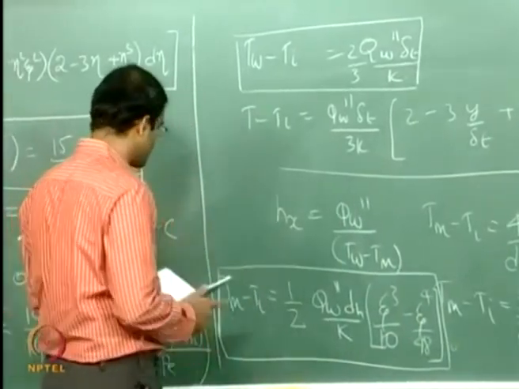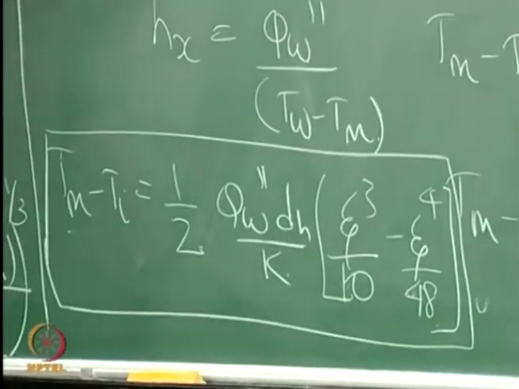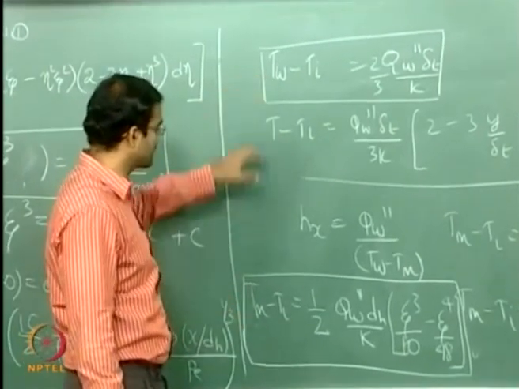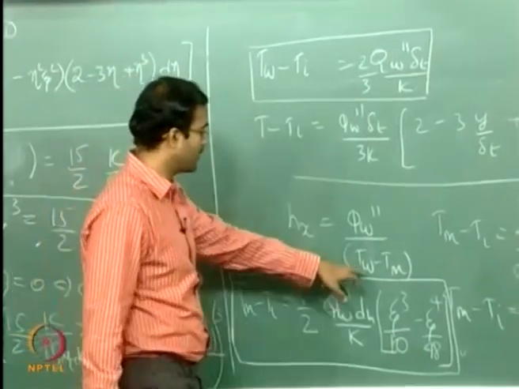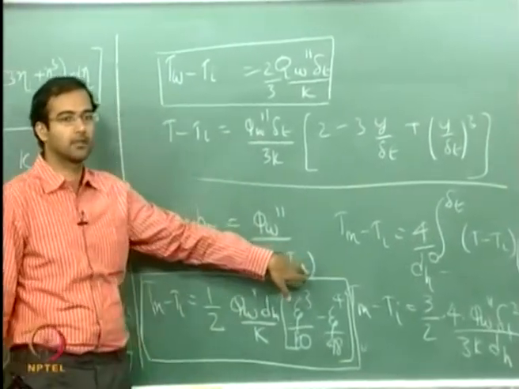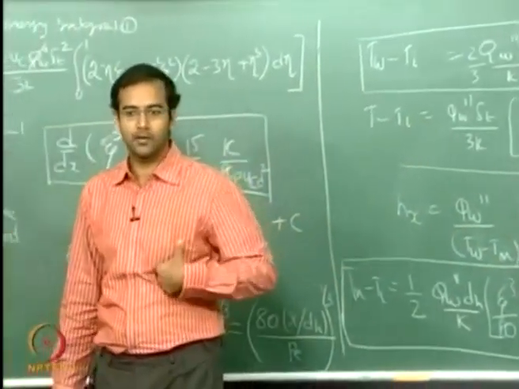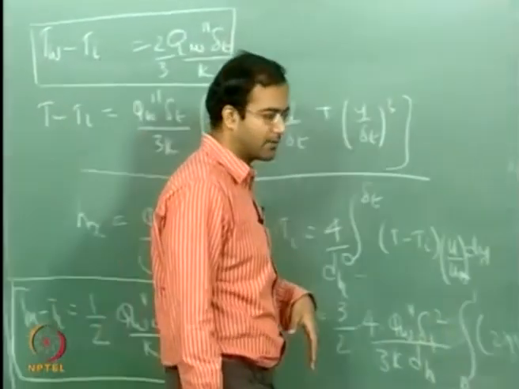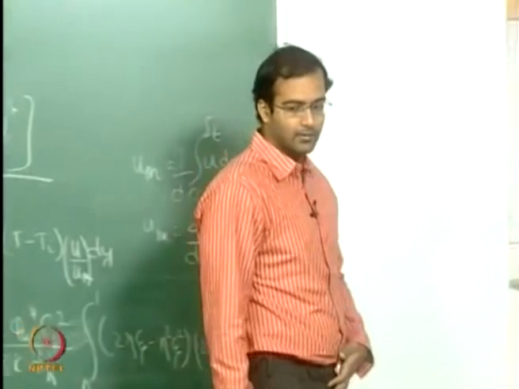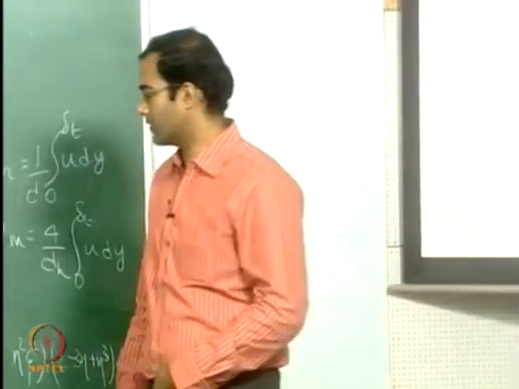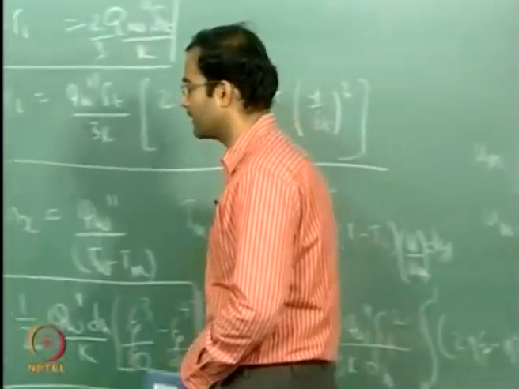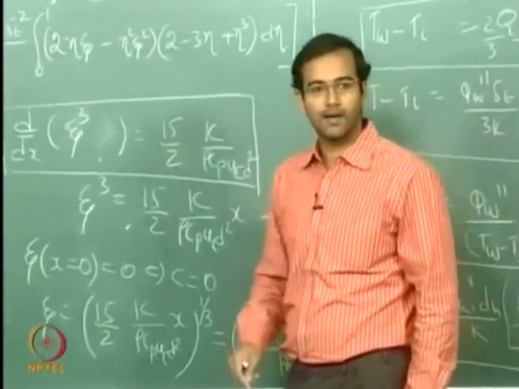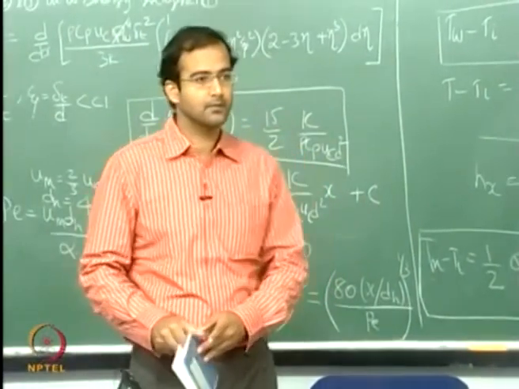So therefore from this we know T wall minus Ti and Tm minus Ti, we can take the difference between these two and that will give me T wall minus Tm. Okay, so we'll continue on Saturday and complete this. So we can just substitute here and finally you will get an expression for your local heat transfer coefficient as a function of your zeta. Okay, and zeta you already have the expression in terms of the Graetz number. So finally everything you will get in terms of the Graetz number.